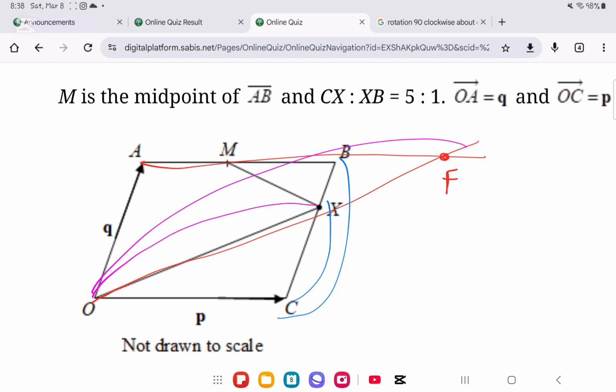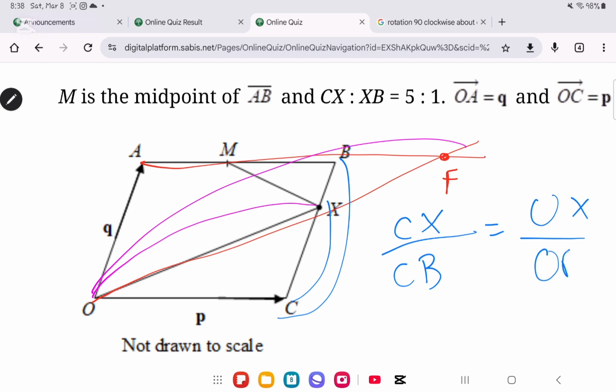What we're gonna do is we're gonna say that CX over CB, because it's the same line, is equal to OX over OF. So always keep this relation in mind. It's gonna be small over big is equal to small over big.